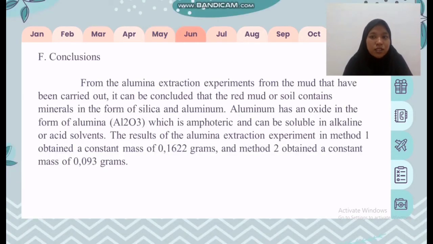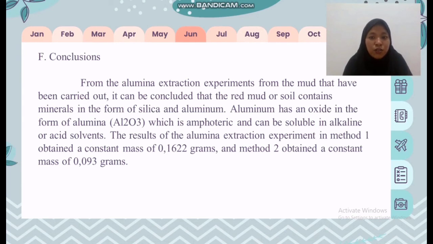The next is conclusions. From the alumina extraction experiment from the mud that has been carried out, it can be concluded that the red mud or soil contains minerals in the form of silica and aluminium. Aluminium has an oxide in the form of alumina, which is amphoteric and can dissolve in alkaline or acid solvent.